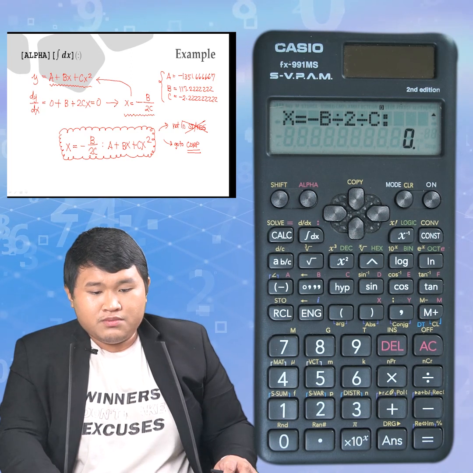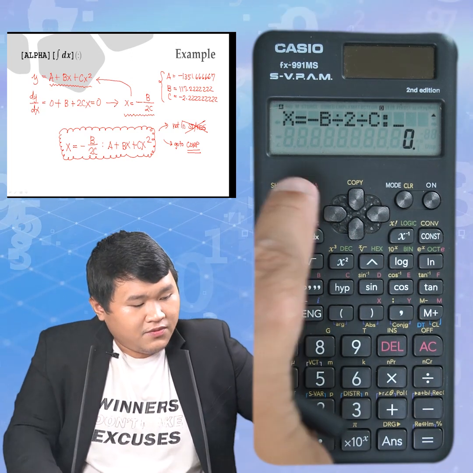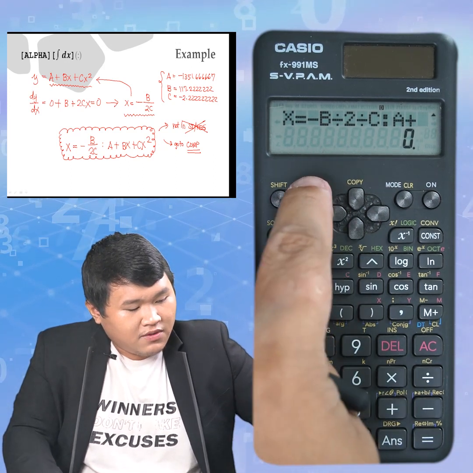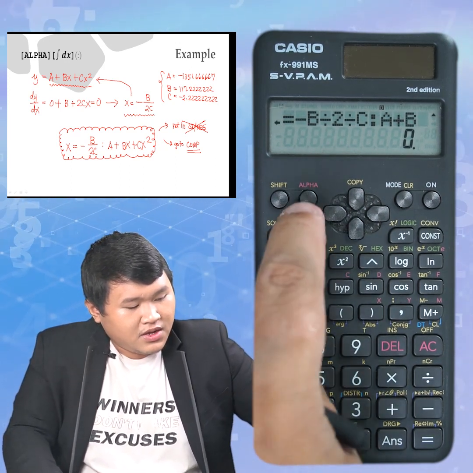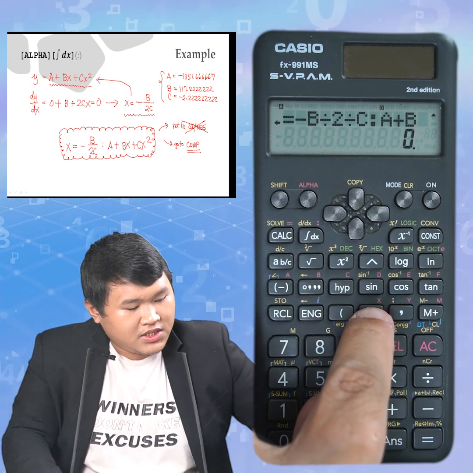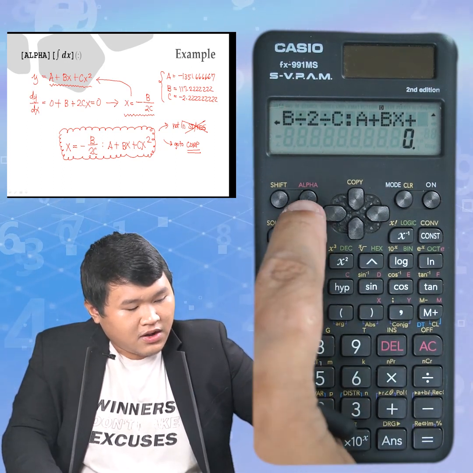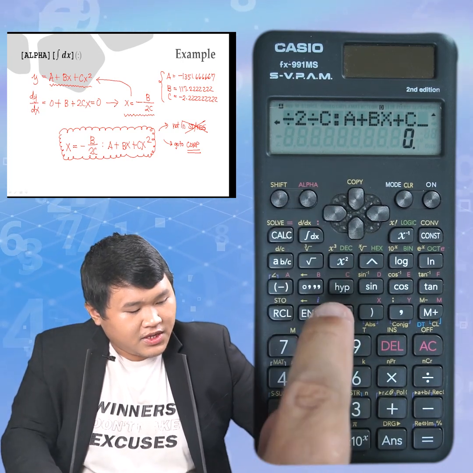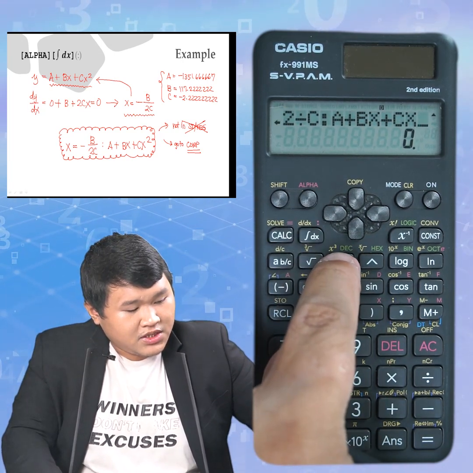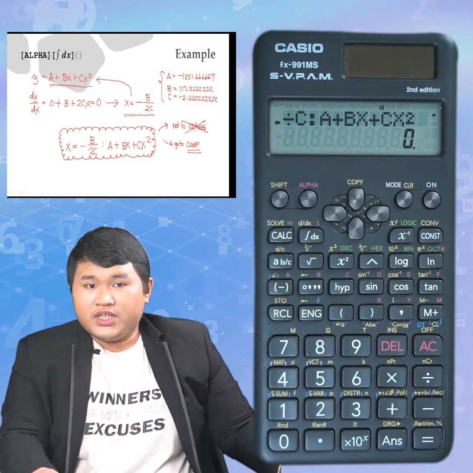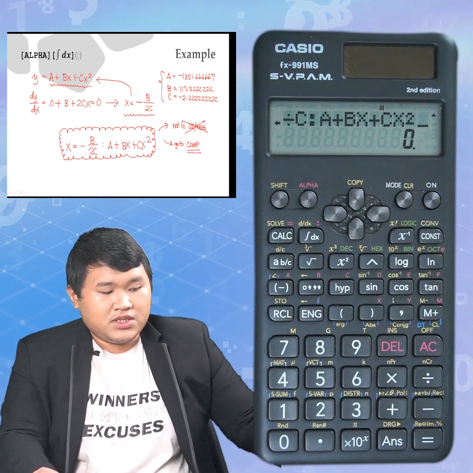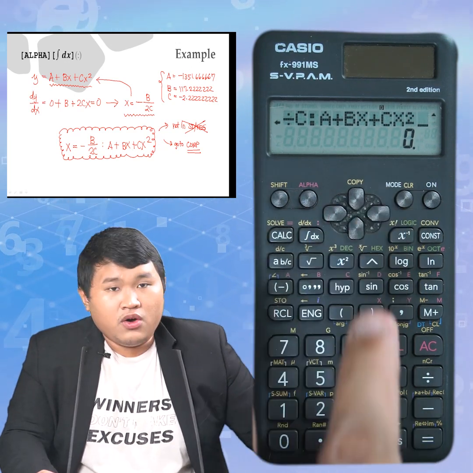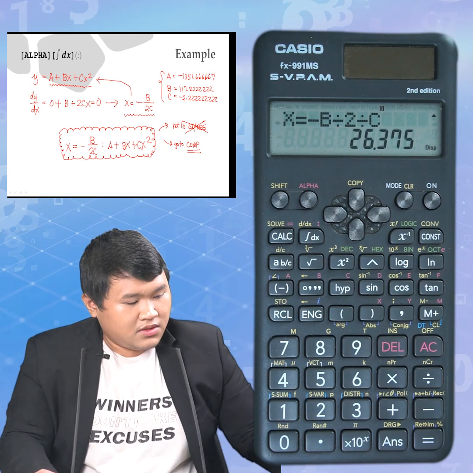And then next, we input the second expression. We have alpha and then A, plus, alpha and then B, alpha and then X, plus alpha and then C, alpha and then X and then squared. So we have now inputted the second expression. That's the complete input. Now we press equals.